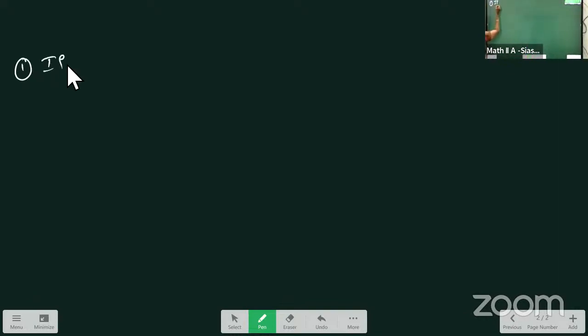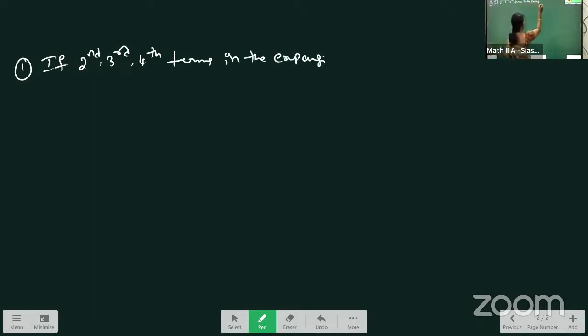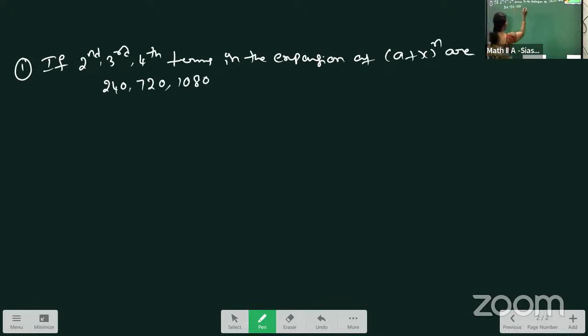If the second, third, fourth terms in the expansion of a plus x whole to the power n are 240, 720, 1080, then find a, x, and n.